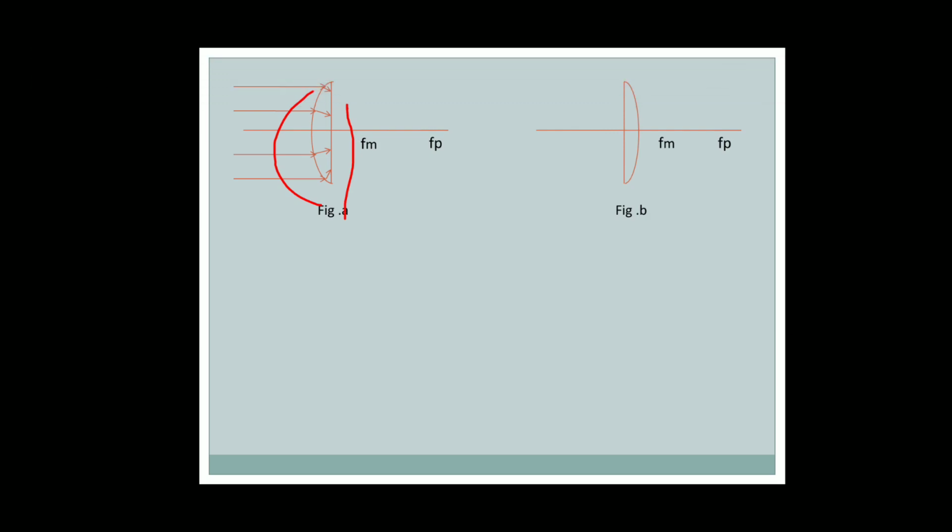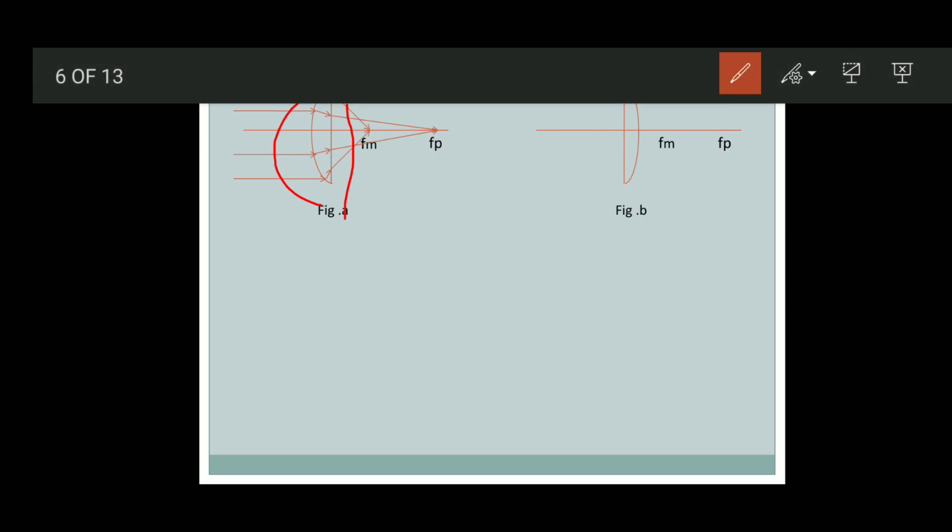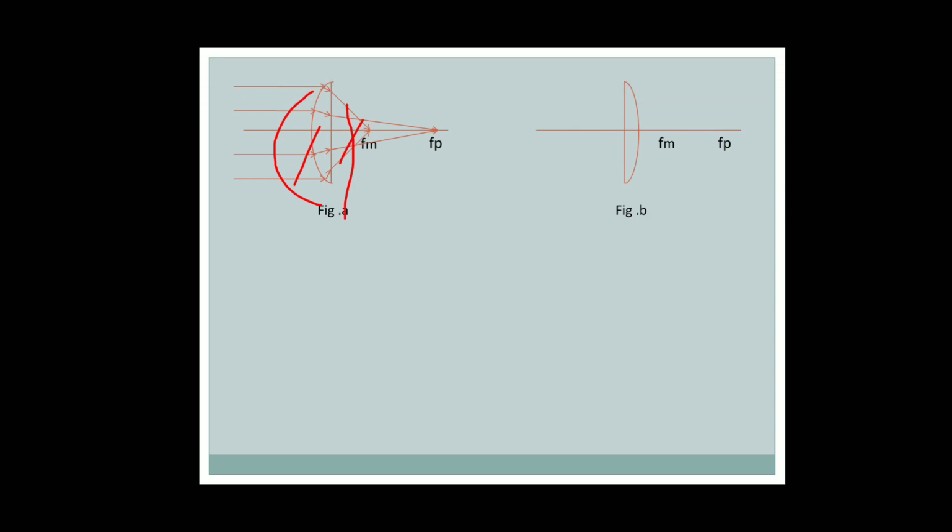When these rays are incident on the plane surface, they are refracted again at the plane surface, and images are formed at Fm and Fp. So there are two refractions: one at the curved surface and the second at the plane surface.